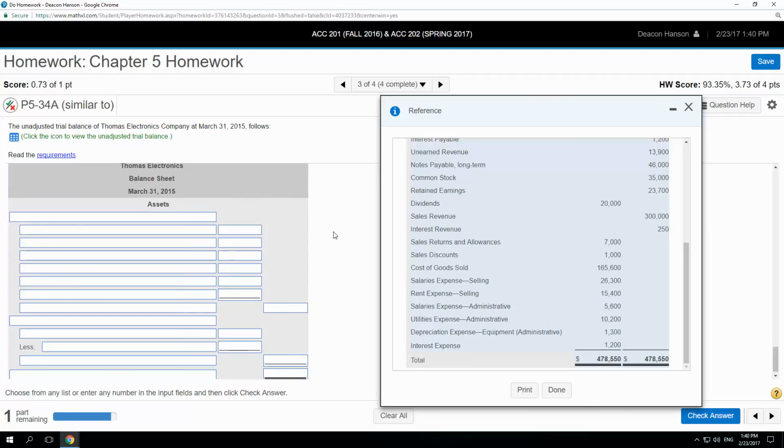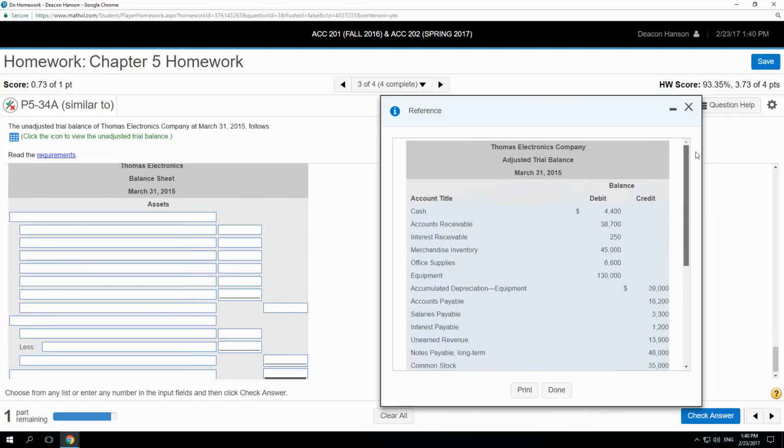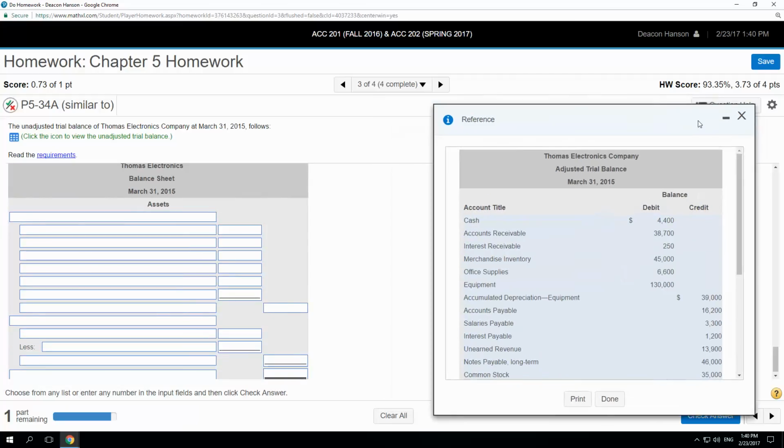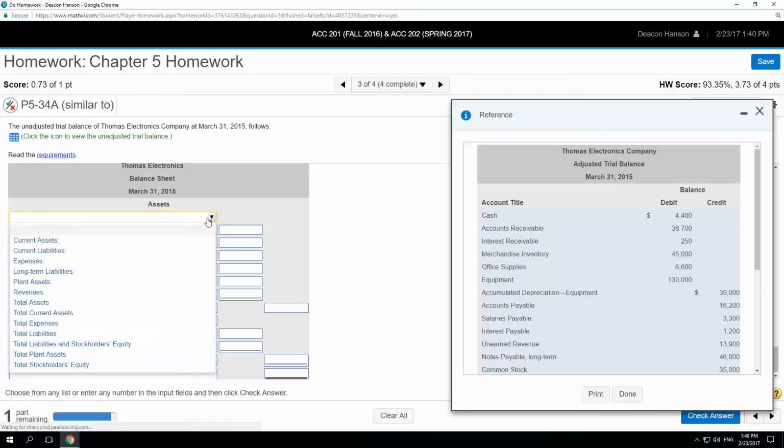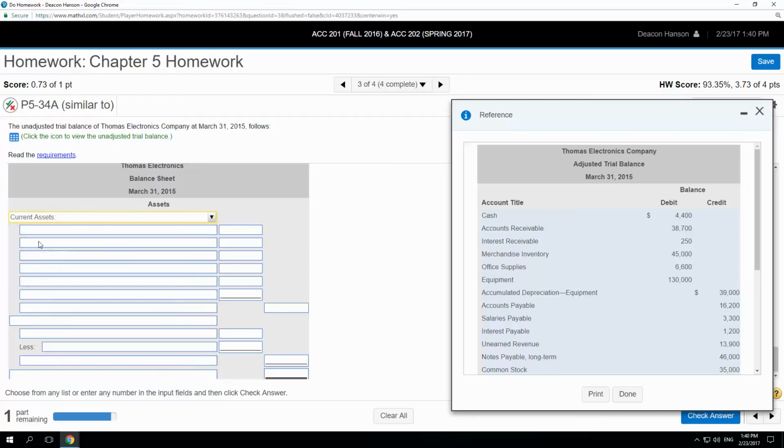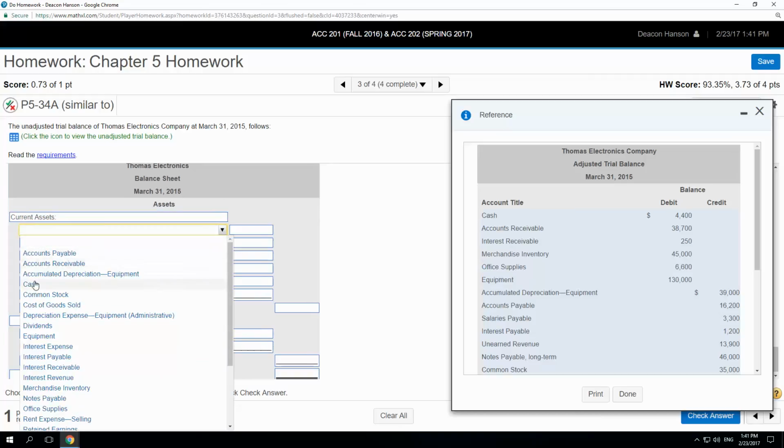Now we will make a balance sheet. Okay, so your balance sheet's going to be starting with your assets. We got current assets. So your current assets would be anything that's cash or convertible to cash within a year. So it would be everything up through office supplies. Okay, equipment is a long-term asset. So we'll start with cash.